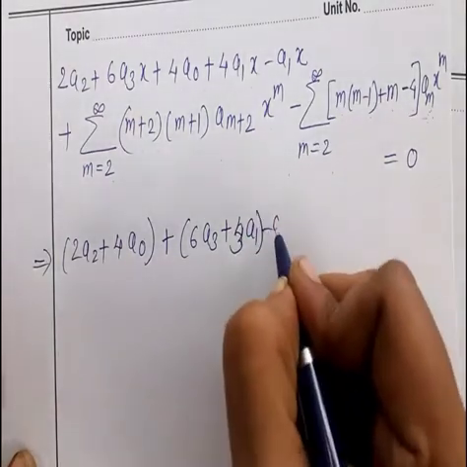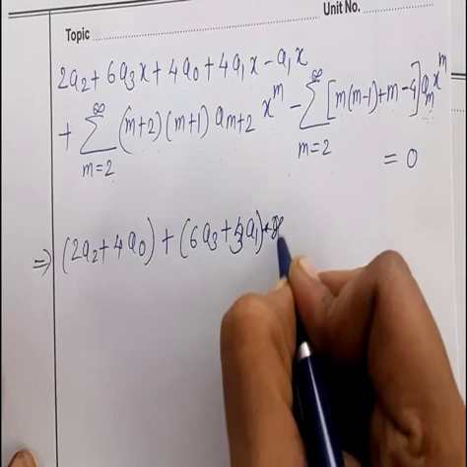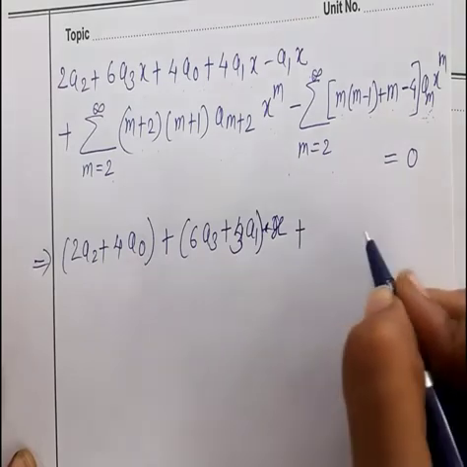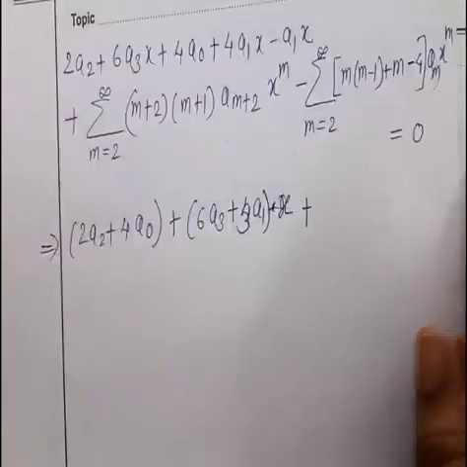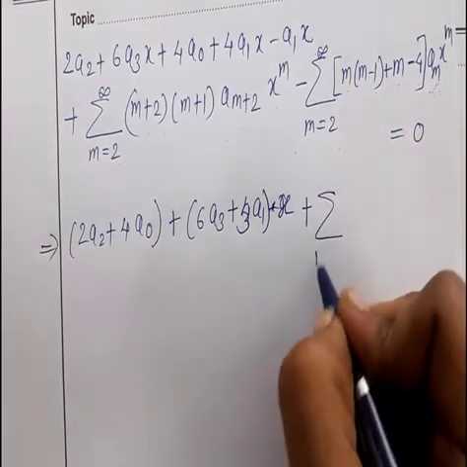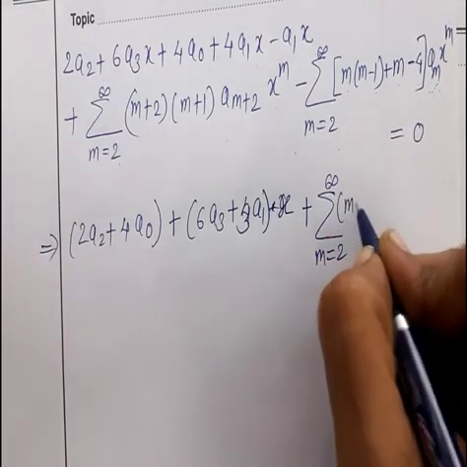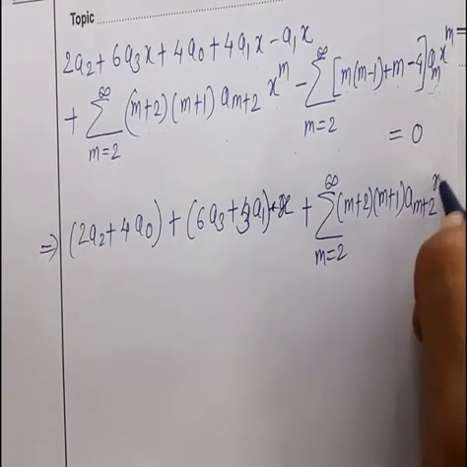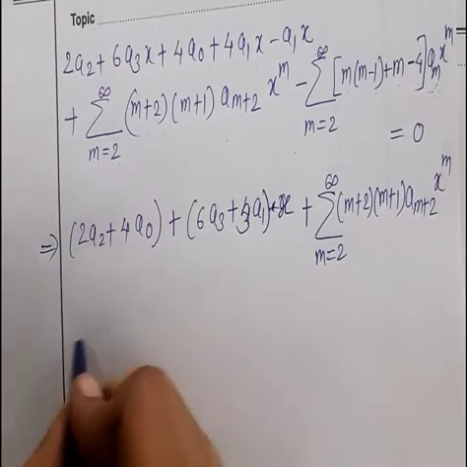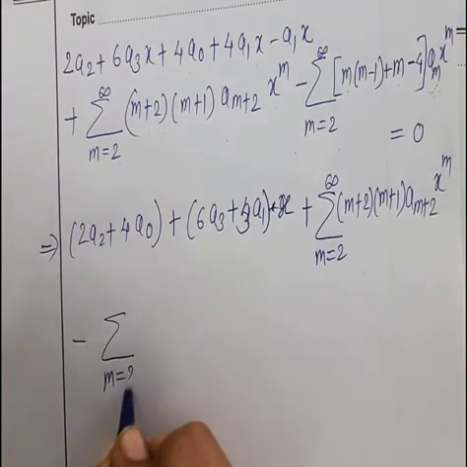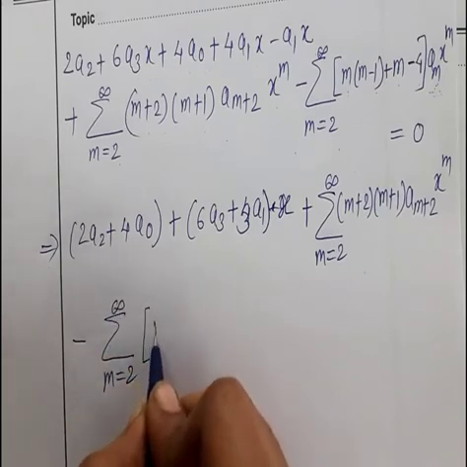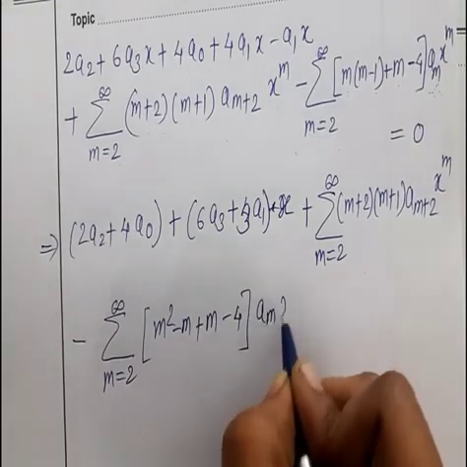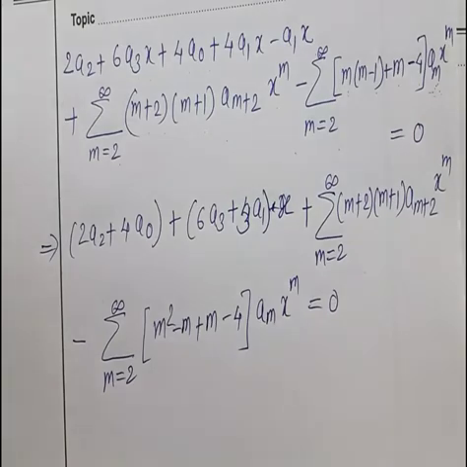We can write directly 3a_1 multiplied by x, plus summation m equals 2 to infinity of (m+2)(m+1) a_(m+2) x to the power m, minus summation m equals 2 to infinity of (m(m-1), which is m squared minus m, plus m minus 4) multiplied by a_m x to the power m, equal to 0.